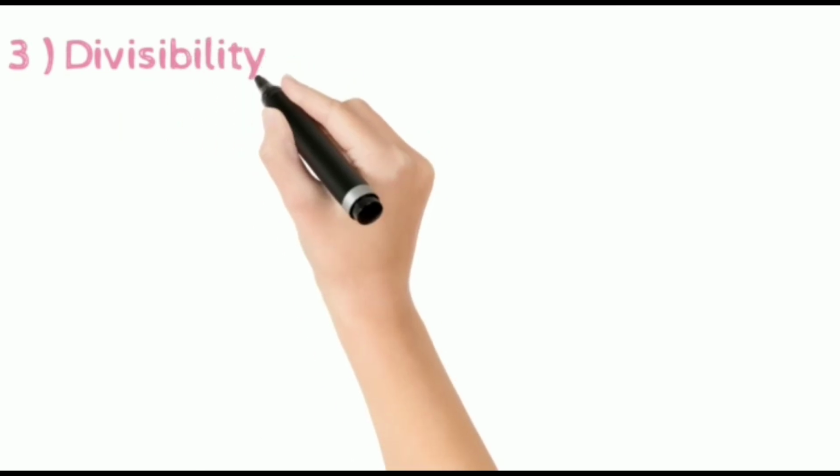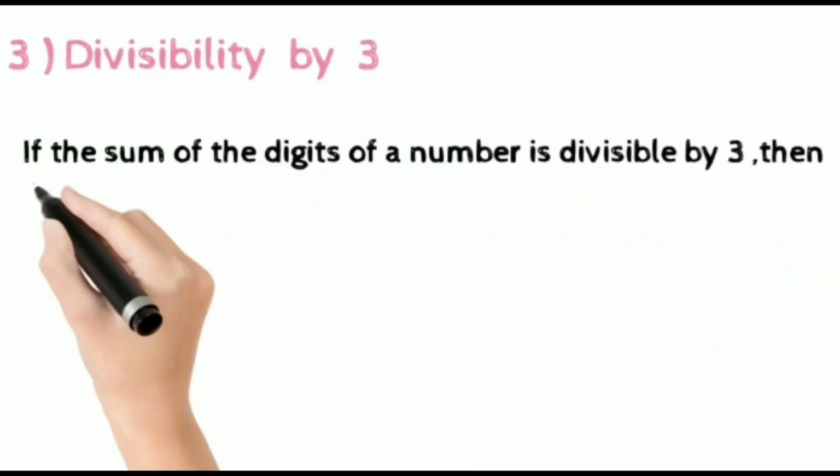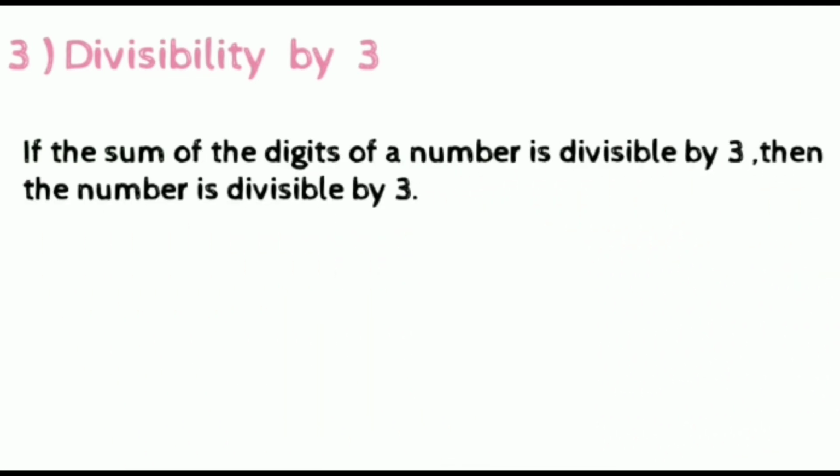Then divisibility by 3. Here, how can we check? If the sum of the digits of a number is divisible by 3, then the number is divisible by 3.